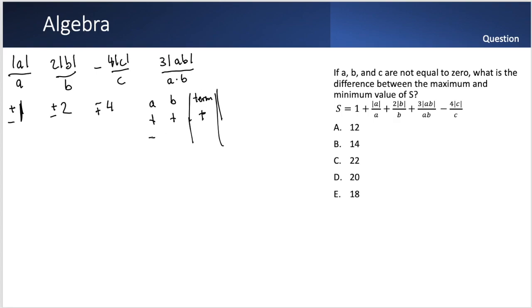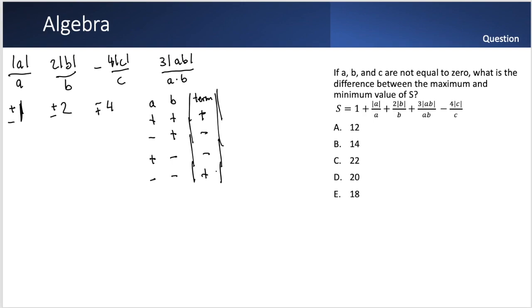If a is negative and b is positive, well, the product is negative if one of the factors is negative, so the whole term will become negative. If we have plus, minus, then that's the same. And if a and b are negative, well, then the term will again become positive.